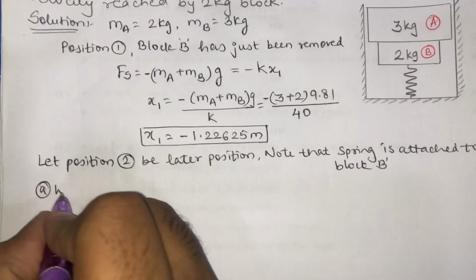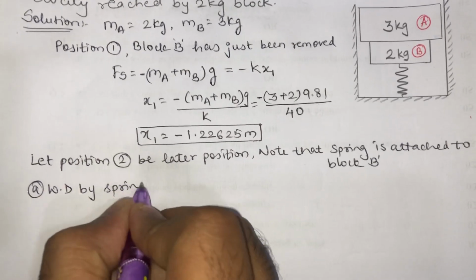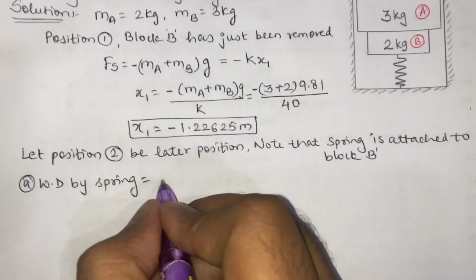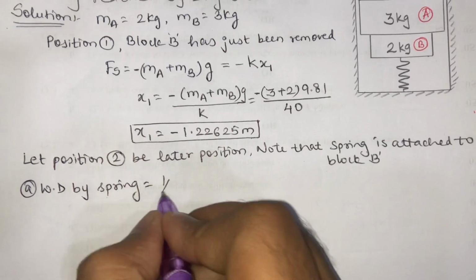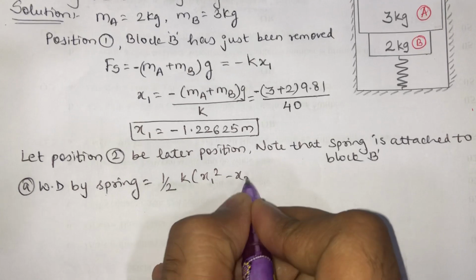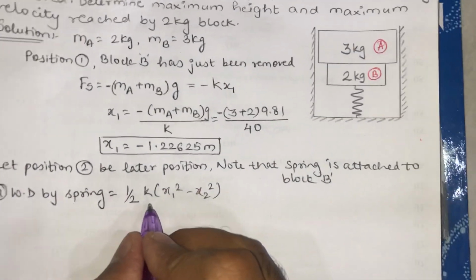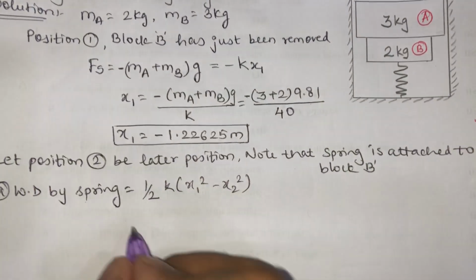The very first, we'll see the work done by the spring. As we have already gone with the formulation, it is half K (x1 square minus x2 square). K represents the stiffness of the spring.